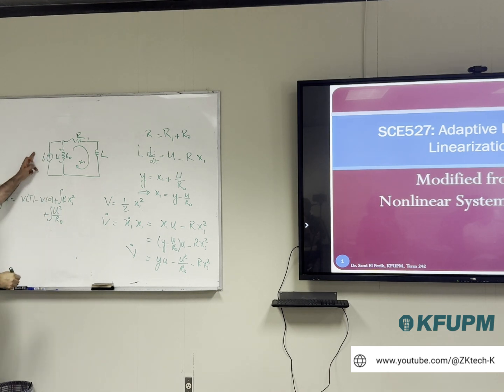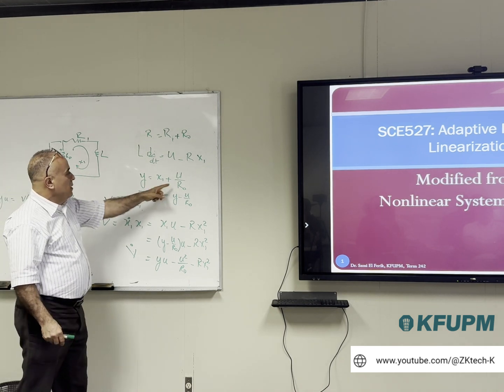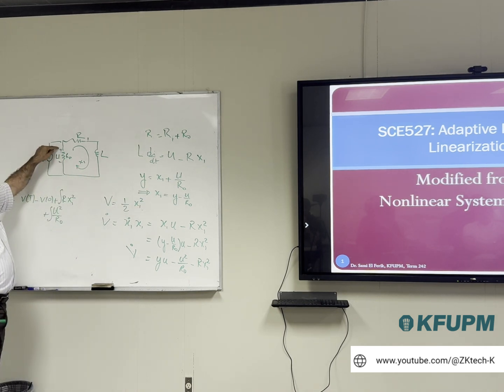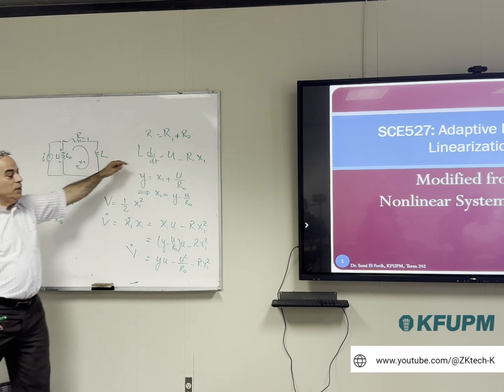Any current. So from this equation, y equals x1 plus u over R0 comes. This is my output. It's this current x1 plus the current that is going here in this resistance. This is how I define my output. It's like a feed forward of current.